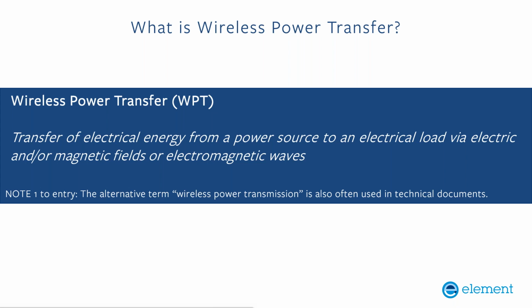So just looking at that definition for a moment, there are two things here. First of all, we have a power source, and then we're talking about the transfer of that energy from the source to a load. Now, historically, we might think about it used for charging things up. So electric toothbrush, a vehicle or something like that.